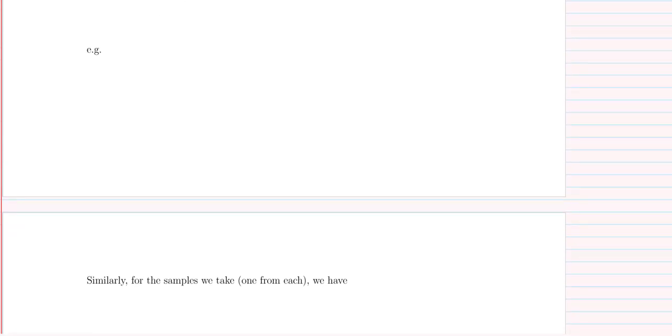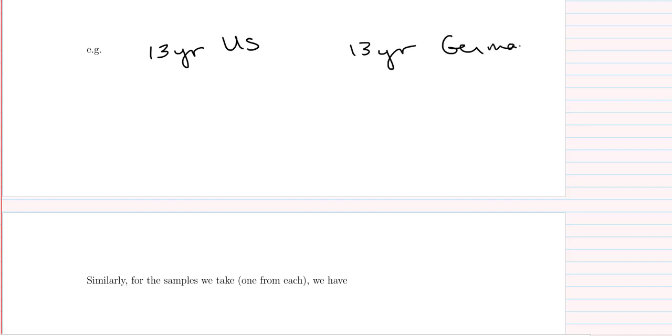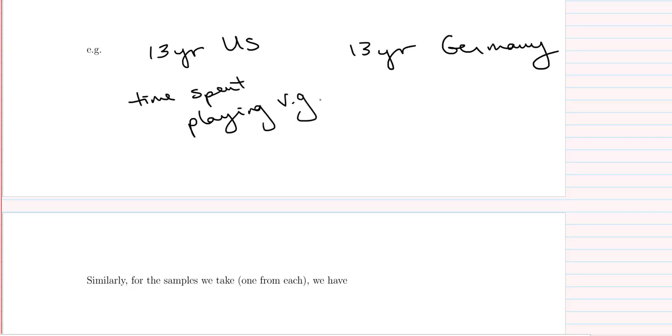Just to give you another example, two populations we might be considering would be 13-year-olds in the US and 13-year-olds in Germany, and we're measuring the time spent playing video games.